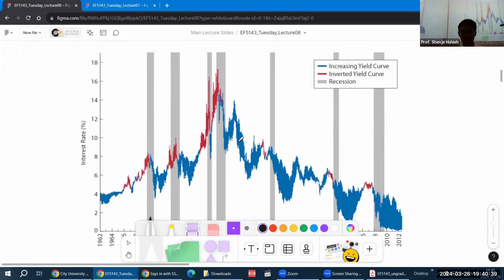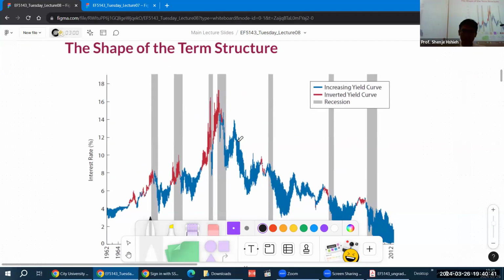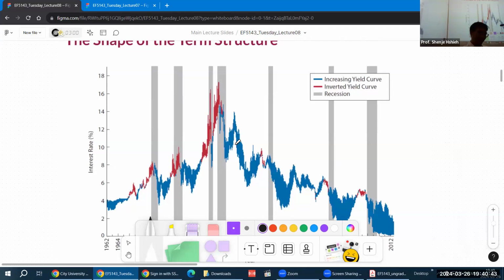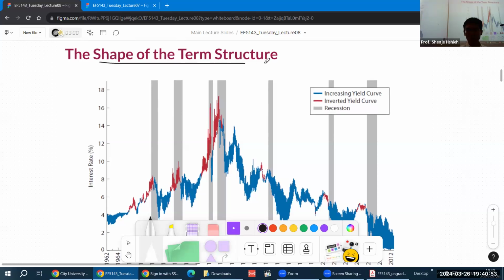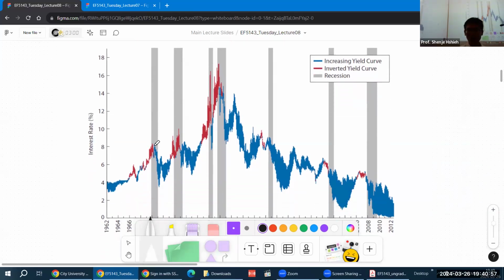All right. The shape of the term structure has changed a lot, as you'd expect, maybe during the pandemic, with lots of mention of that in the news. The shape of the term structure has been a good predictor of recessions. Here, the red bars indicate an inverted yield curve.